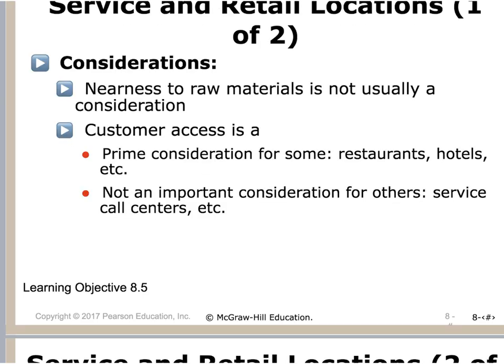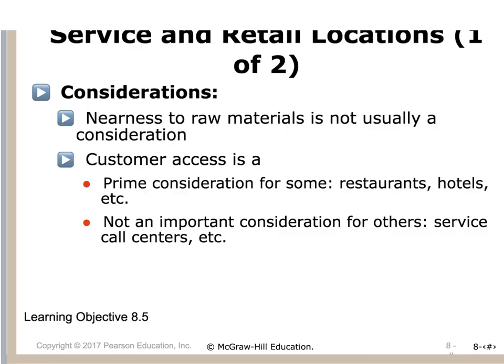This is another example. When you're looking at a service and retail location, nearness to raw materials is not always a consideration, but it might be for some restaurants, where you want fresh produce. Customer access is prime.